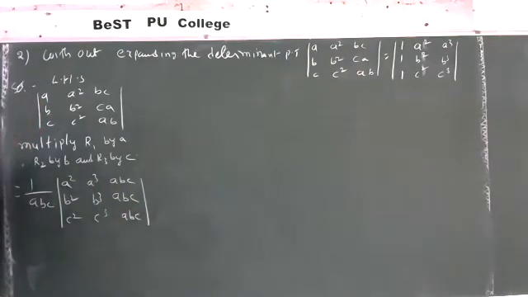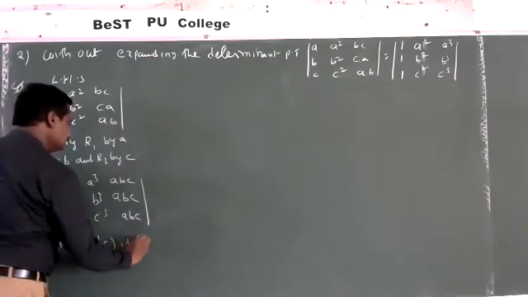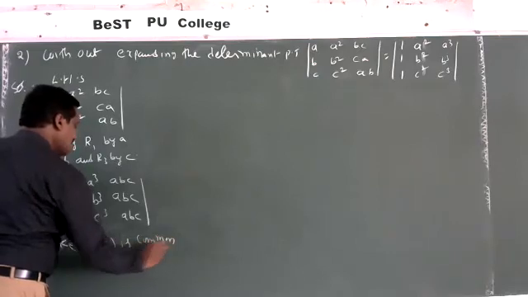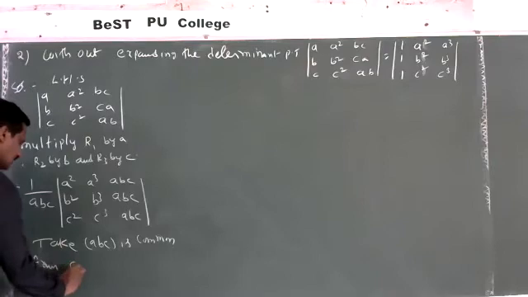Now see that from the third column abc is common. Take abc common from third column, from C3.